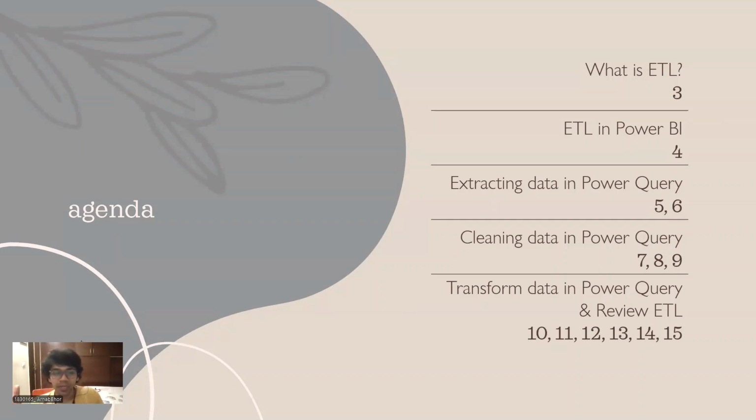So after I tell you about ETL in Power BI, we look at extracting data in Power Query, then cleaning data in Power Query. Cleaning is considered to be part of transformation, right? And then transform data in Power Query, review the ETL process that we've done, and finally load the data. The reason for having separate slides for cleaning and transforming data is because it's slightly nuanced.